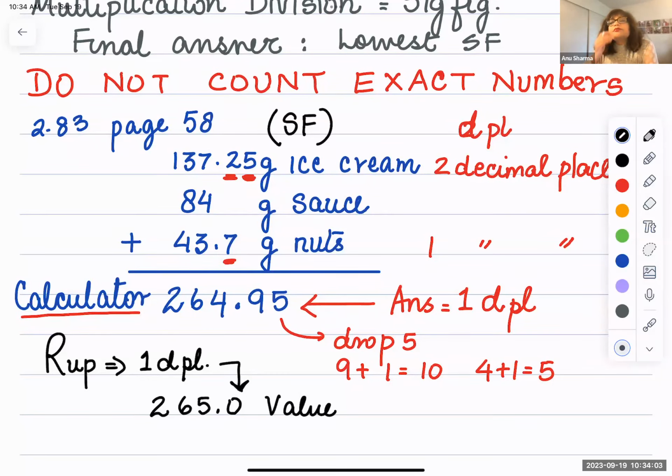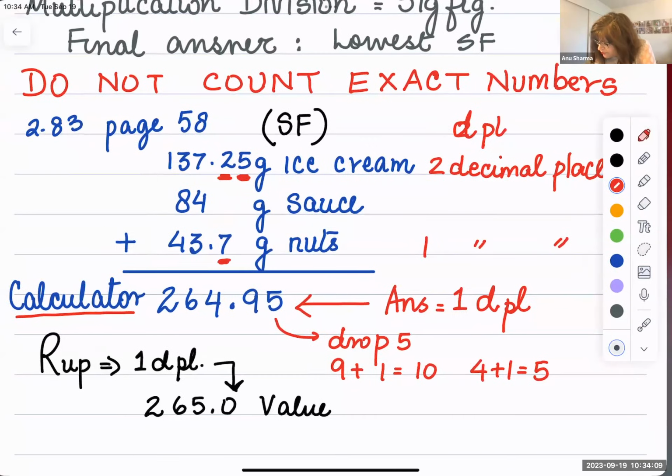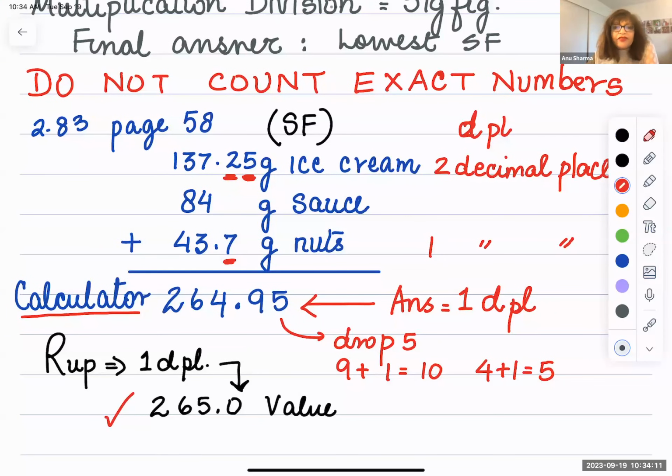If the question specifically says significant figures, then you choose this answer, because you need one place after the decimal. But if the question doesn't talk about significant figures and you're working in the lab, it's always a good idea to keep the numbers as is.